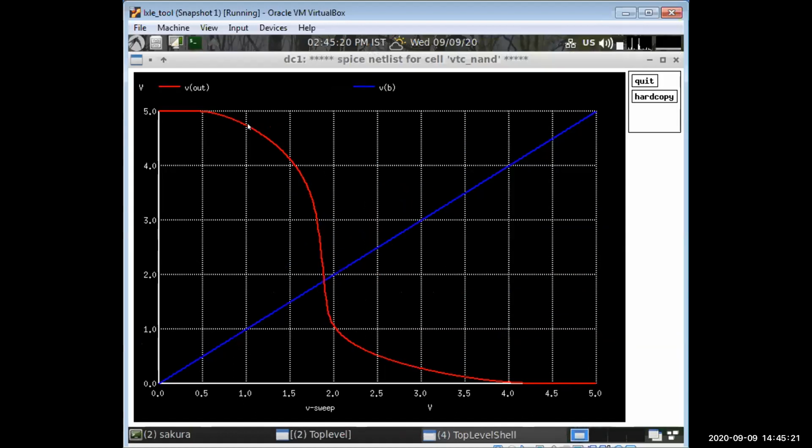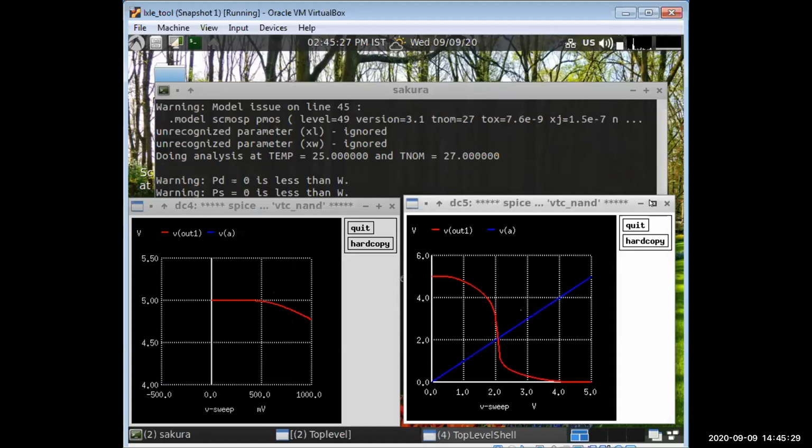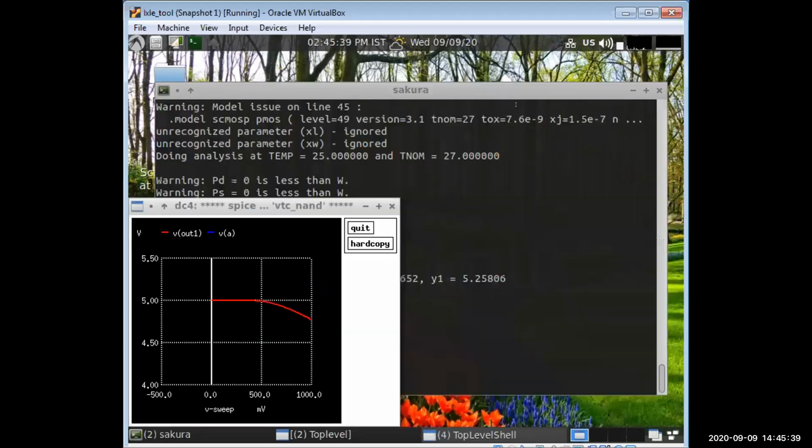This one is B. And this one is for both the voltages the same. No, this is again B. That's what I'm saying. Yes, sir. That will be more right shifted.